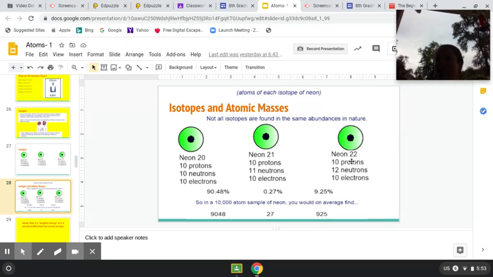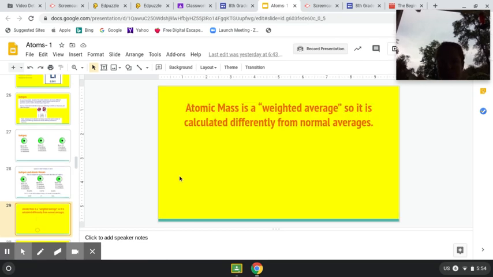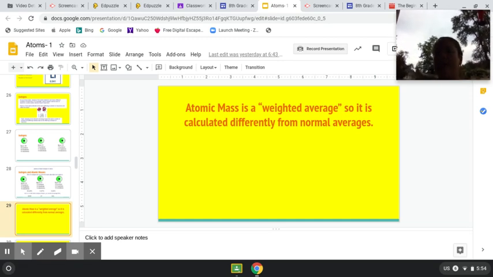When you find the average of that, that's where that decimal would come in. So atomic mass is a weighted average, which is why we're not going to put in 10,000 numbers when we're trying to do mass.